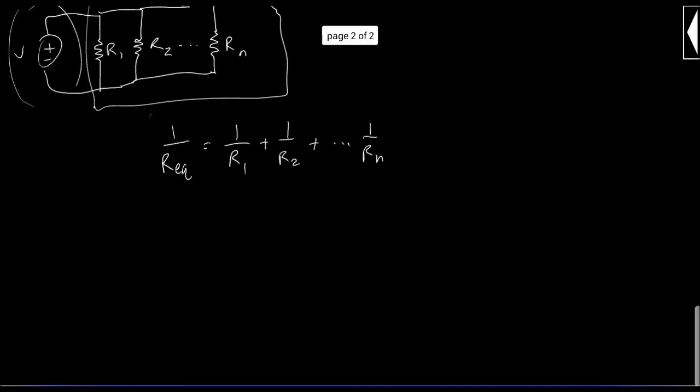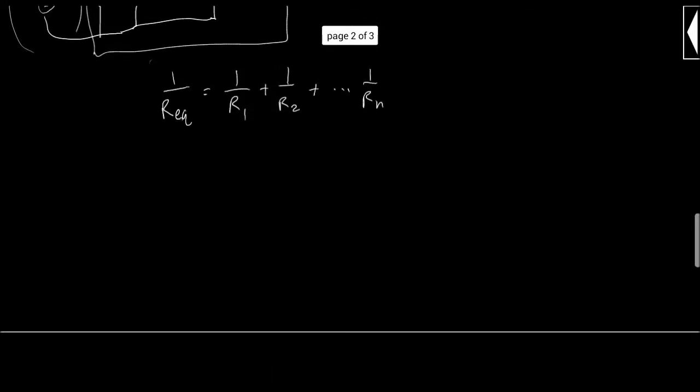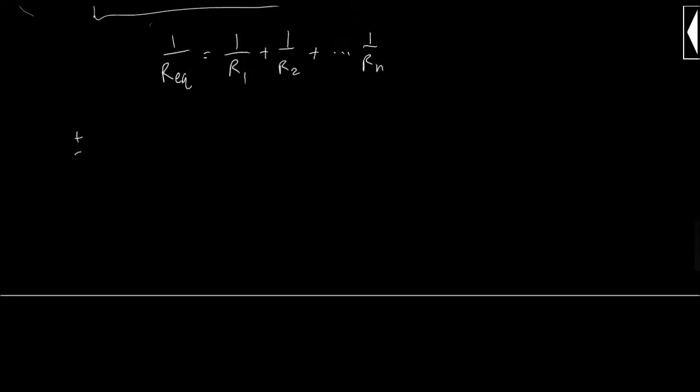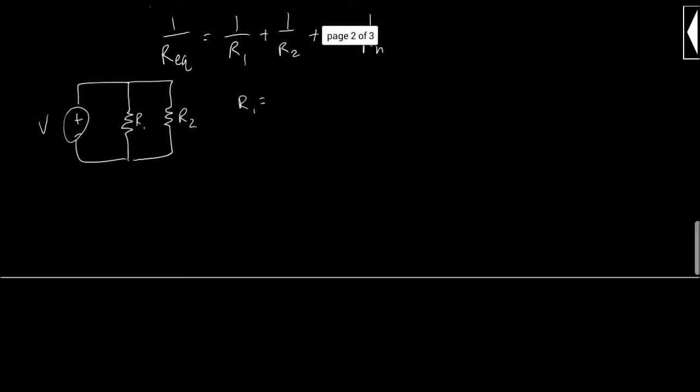So let's have an example to illustrate this concept. Let's say you have a voltage source here, and we just have 2 of these in parallel. So let's call this one R1 and R2. And let's set R1 equal to 3 ohms and R2 equal to 5 ohms.